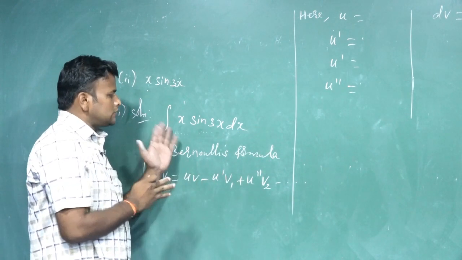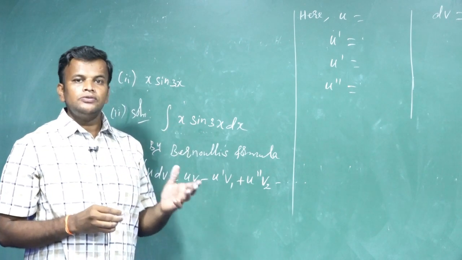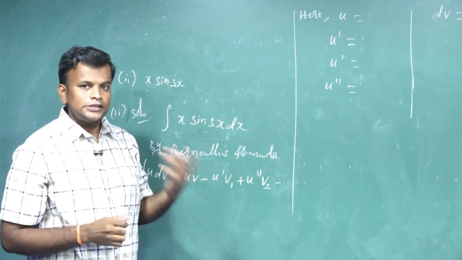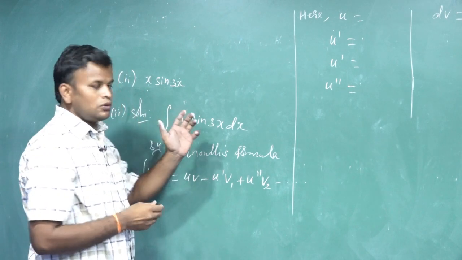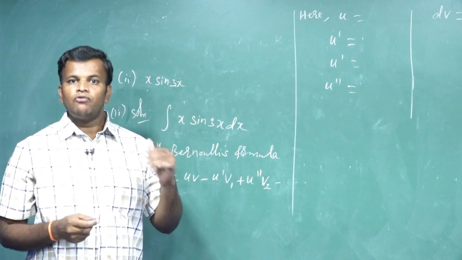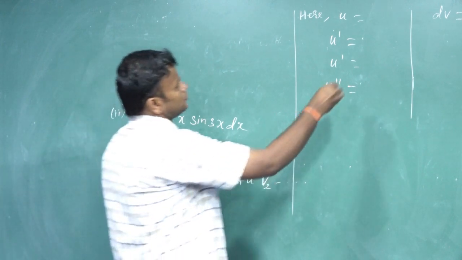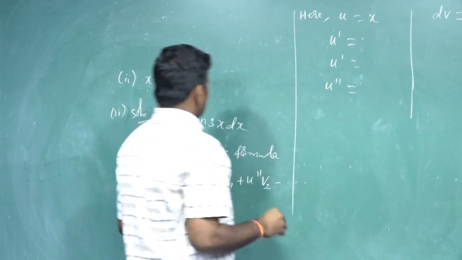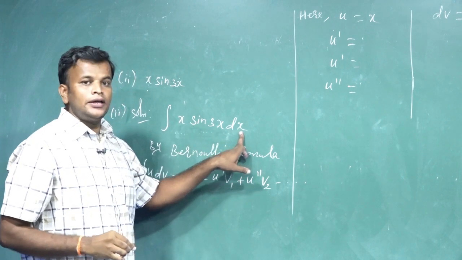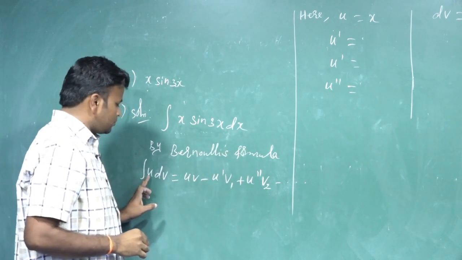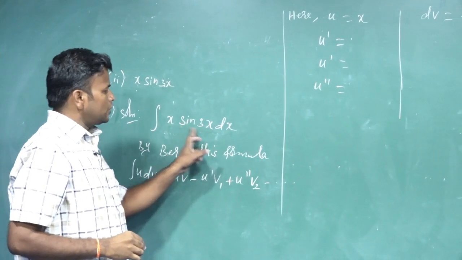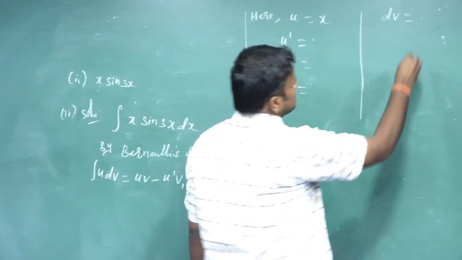You identify in this sum which value is u and which value is dv. We already said we take the value of u such that after 1, 2 or 3 times differentiation, it vanishes. So the value of u is just x. And all the remaining values are dv, because our LHS is integration of u dv. So the value of dv is sine 3x into dx.